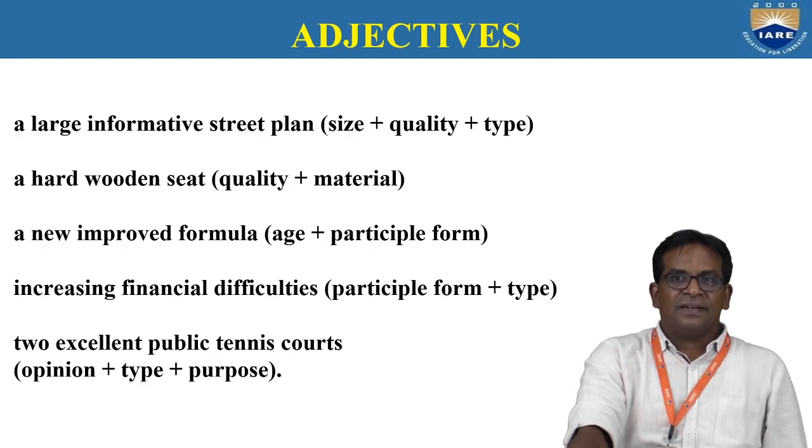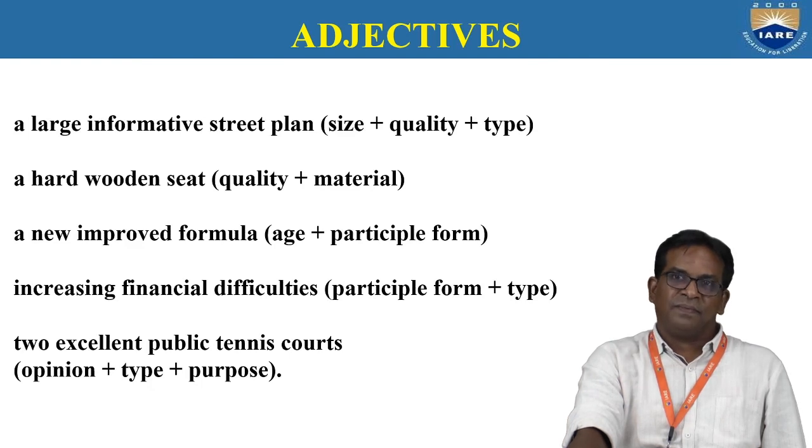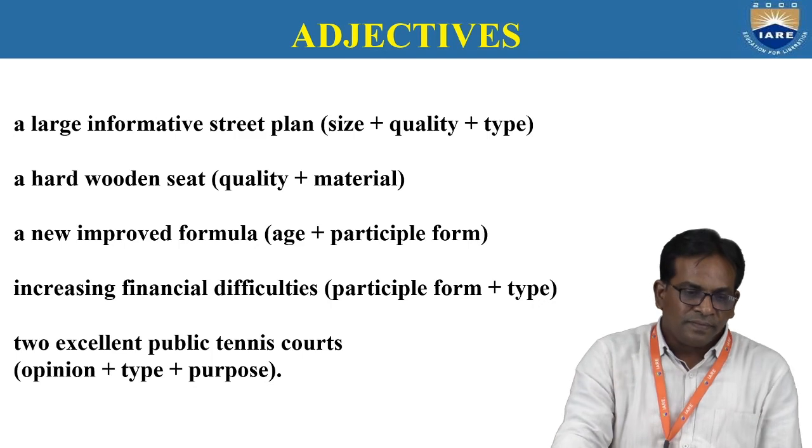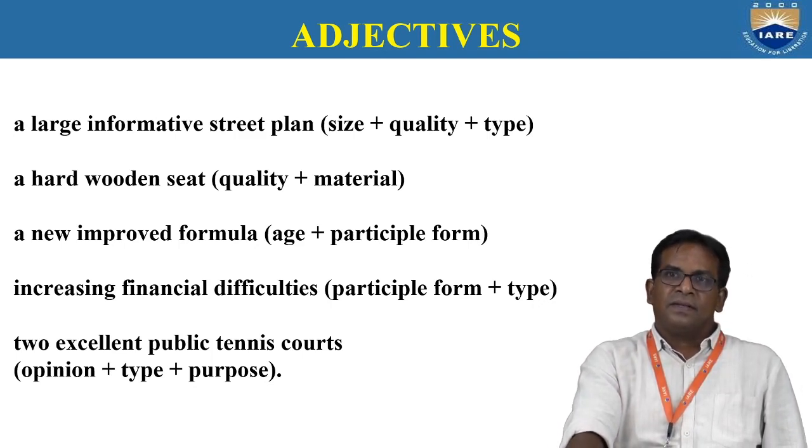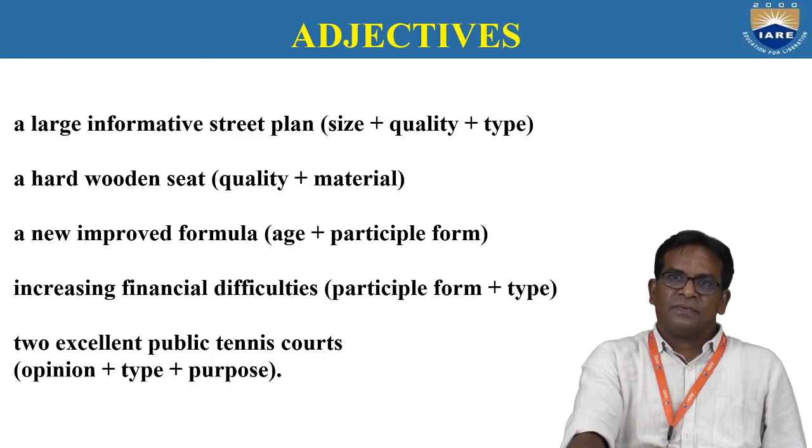So we can practice all this. A large improved street plan: size, quality, type. A hard wooden seat: quality, material. A new improved formula: new is age, improved is a participle form.